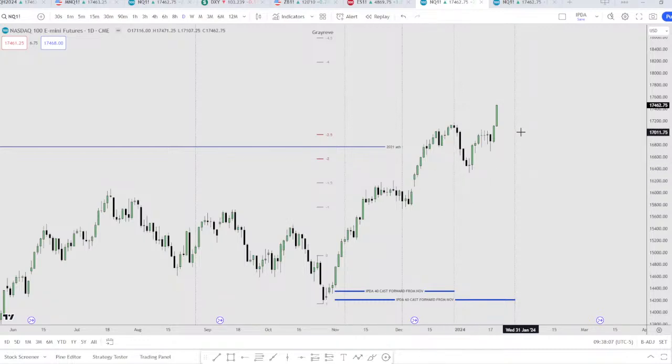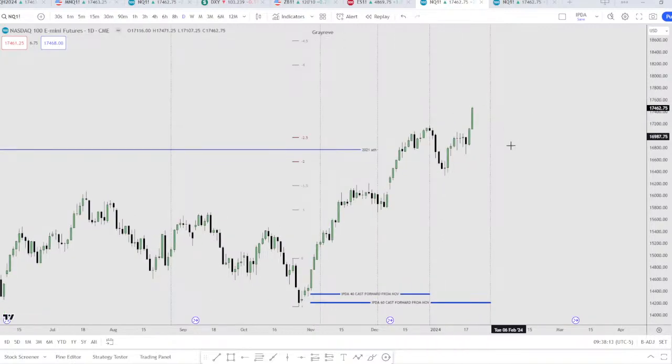I'll be using time to gauge how far it's gonna go and for how long it's gonna continue. So right now my main focus is 29 January, and until then it's going to be a buy program to run higher. Okay, that's just my opinion here, and the framework going into next week.